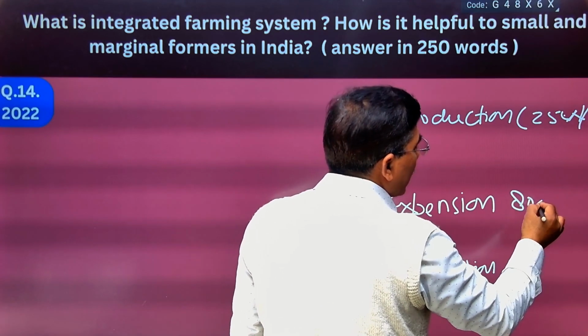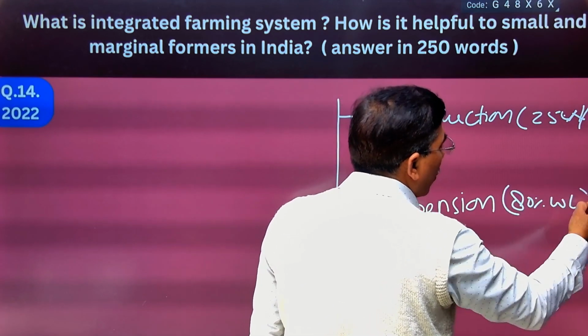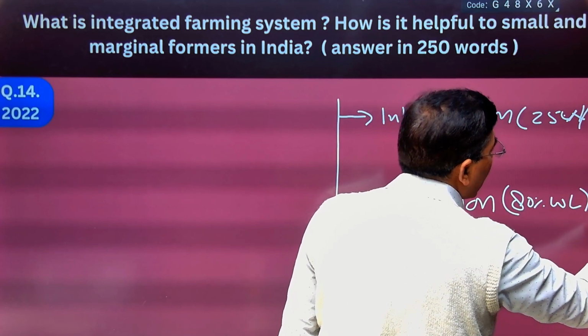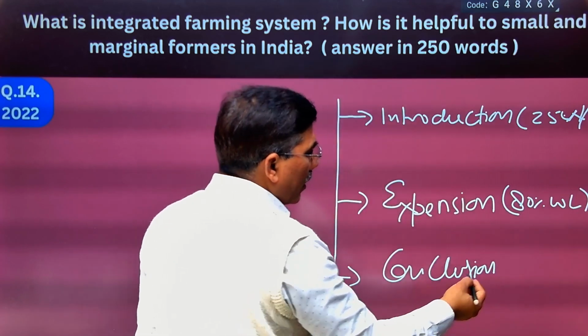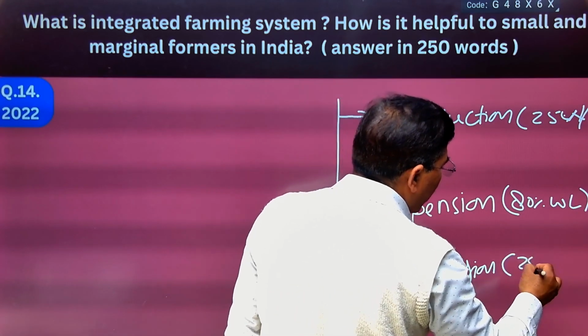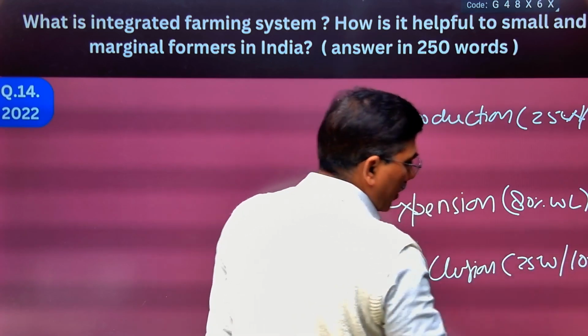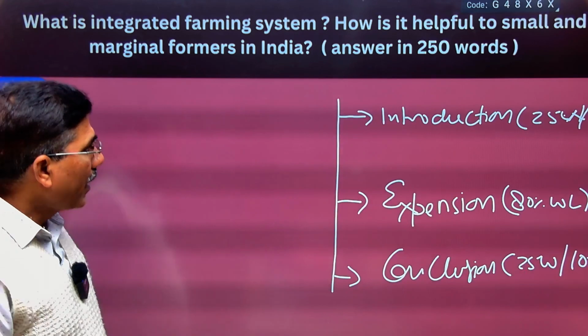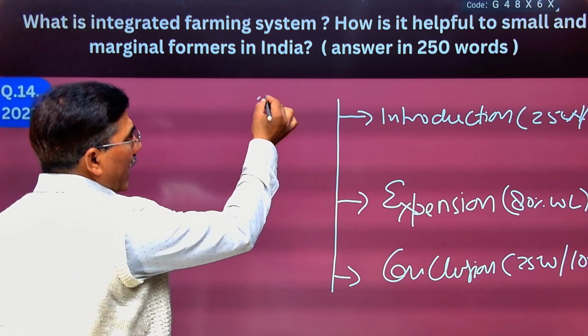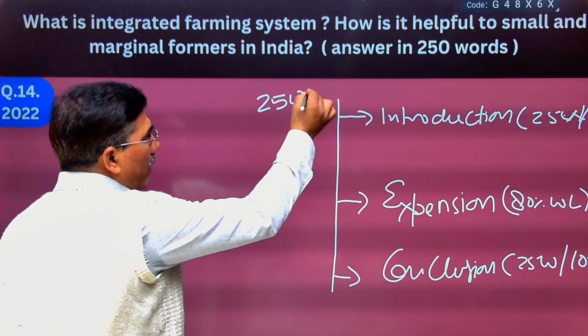Similarly, 80% of the word limit, or 200 words, you have to write in your expansion. In the conclusion, again 25 words or 10% of the word limit. One point is clear. Second point, you have to write at least 25 words per minute.